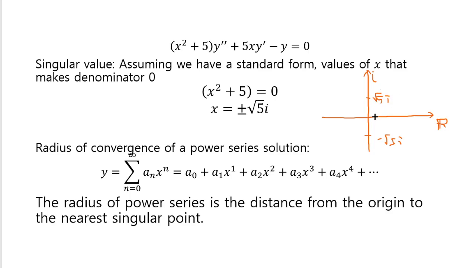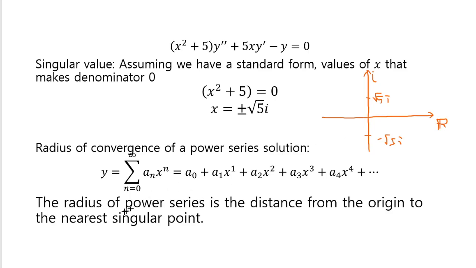Then the radius of convergence of any solution of this differential equation, except perhaps for a finite terminating solution, will always be this distance from the origin to the nearest singular point.